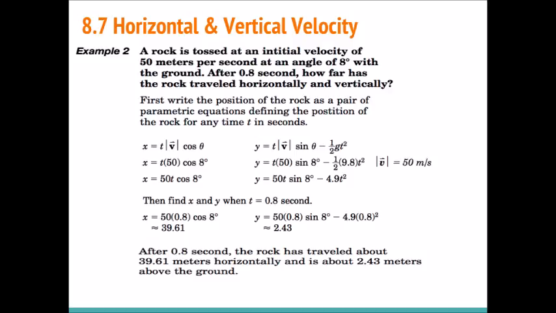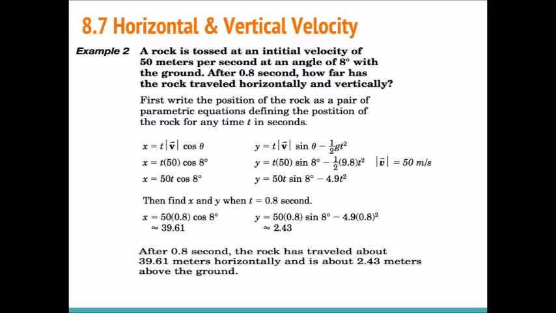8.7 is horizontal and vertical velocity. So a rock is tossed at an initial velocity of 50 meters per second at an angle of 8 degrees with the ground. After 0.8 seconds, how far has the rock traveled horizontally? First, write the position of the rock as a pair of parametric equations defining the position of the rock for any time t in seconds.